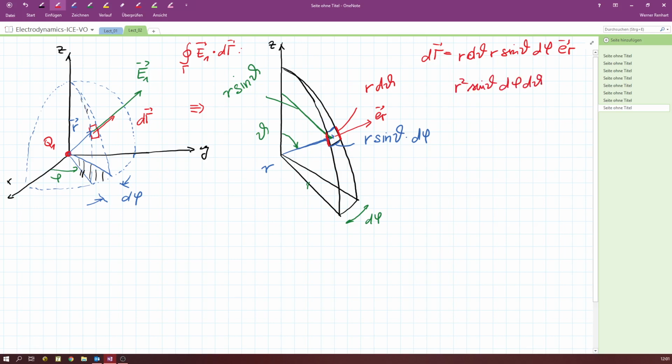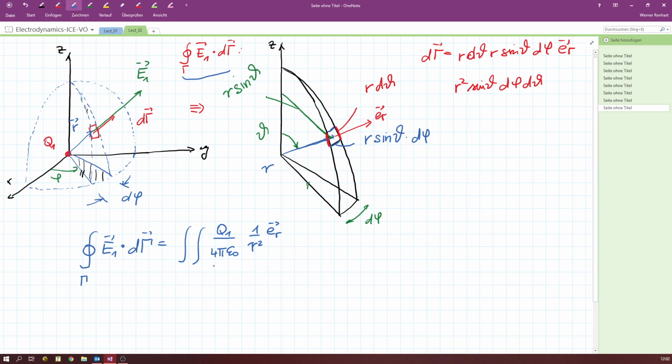Now for this we can evaluate our integral which we are looking for. We can say, okay, our integral over the closed surface gamma of E1 dot d gamma equals, we know from the point charge Q1, Q1 over 4 pi epsilon 0 times 1 over r squared, and the direction of the electric field is in radial direction.